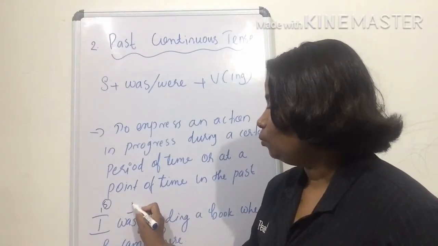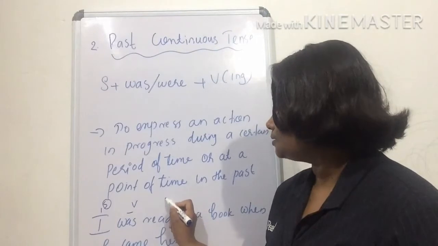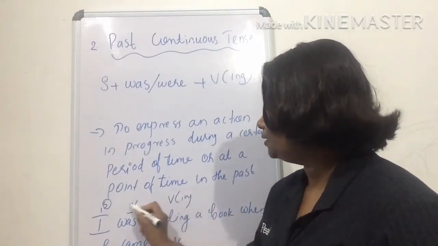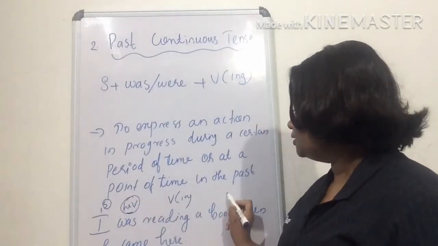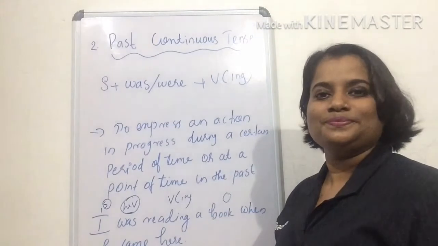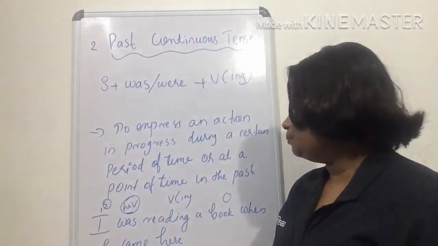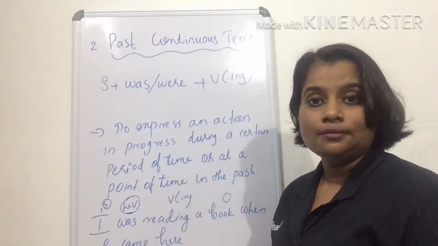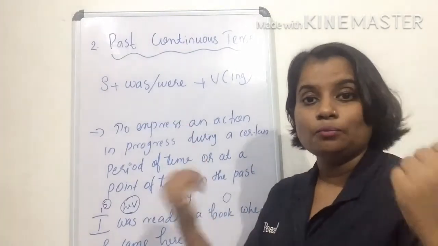Then read plus ing, reading, that is the verb ing. Then a book is the object. You get me? I was reading a book when he came here. When he reached here, what was I doing? I was reading a book.